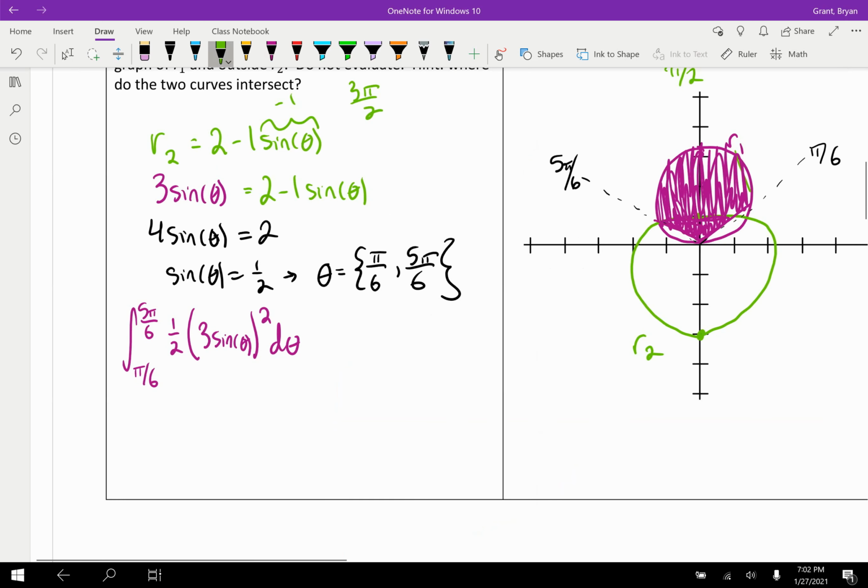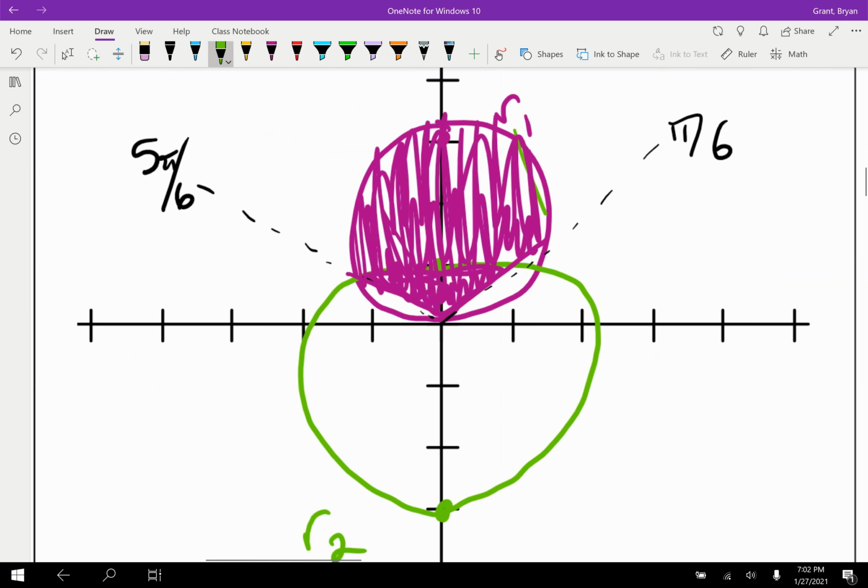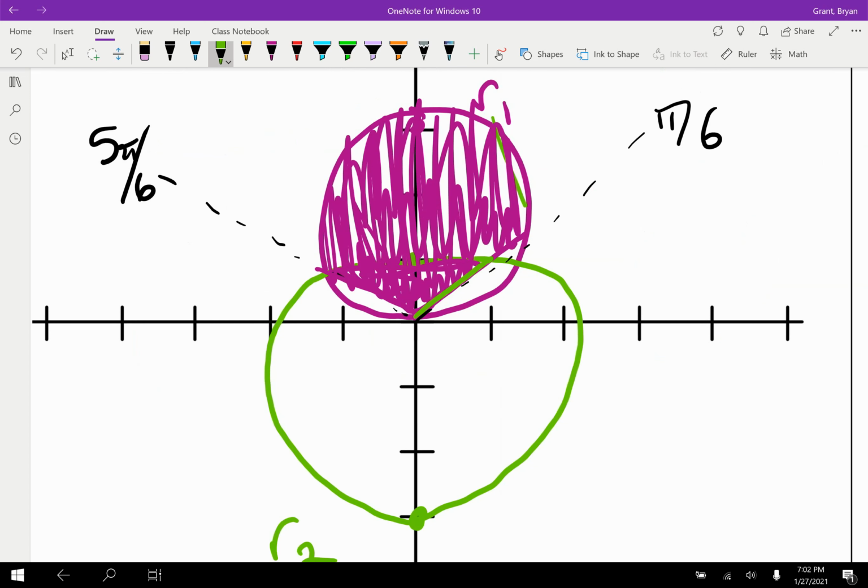Alright, but then what if we looked at our other piece, and I said switch to green, and OneNote didn't listen to me, and we'd go from pi over 6 to 5 pi over 6. Oh, I did that again. Huh, must be a thing. 1/2 integral, and then this one is 2 minus sine of theta, squared, d theta. Okay, well, if we look at that, that's going again between these intersection points, but apparently my drawing skills are not on par.